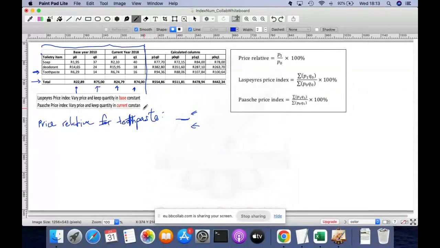So the price for toothpaste in the current year is 6.74, and then the price for toothpaste in the base year, which is 2010, is 6.29. You will divide these two, and then multiply by 100%. And I believe you'll get a value of 107.15%.